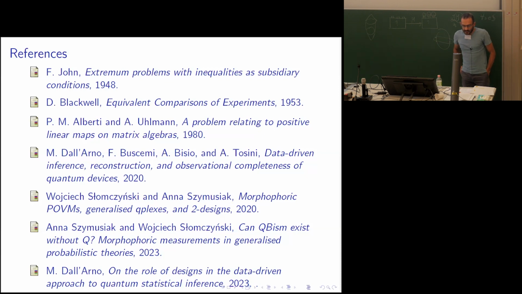To try to answer your question, I think they are more interested in reconstructing the structure of the admissible set of states and the admissible set of effects, while we assume the dimension of the Hilbert space, or even if we are in an arbitrary GPT, we assume a given set of admissible states. And what we want to do is to actually reconstruct the device that was in here. So I would say probably the difference is that we assume the model and we do inference of the parameters.